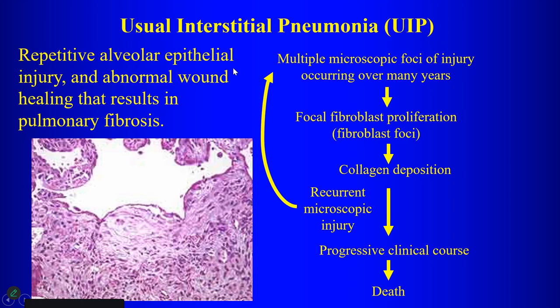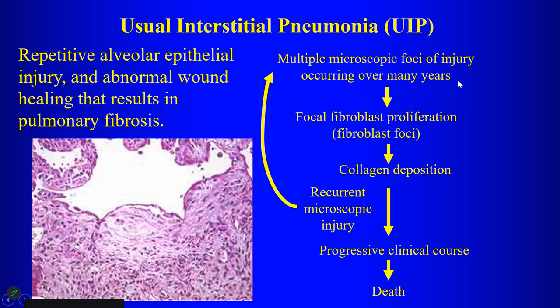So what happens with UIP is that there's repetitive damage and abnormal wound healing that results in pulmonary fibrosis. The fibroblastic foci, this kind of conglomerate of fibroblasts, are one of the histologic hallmarks that the pathologist will look for.